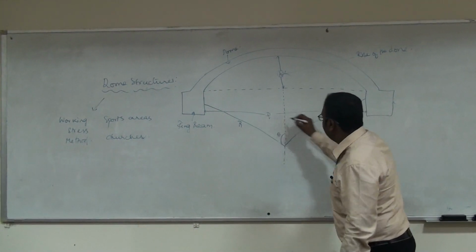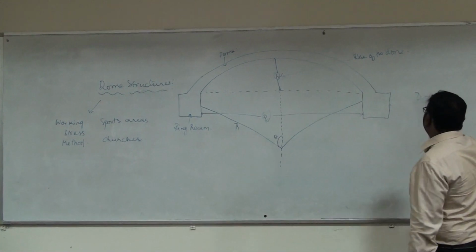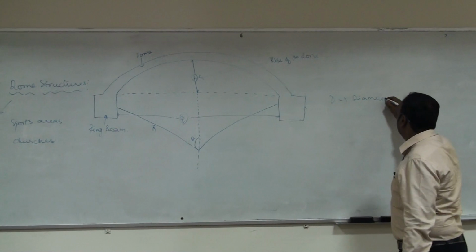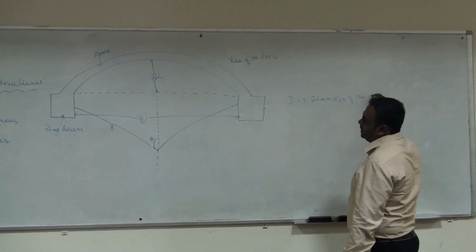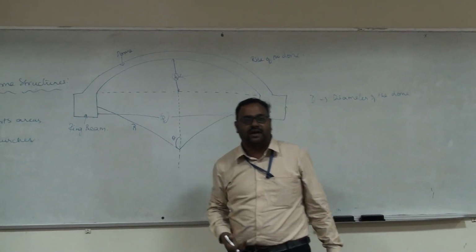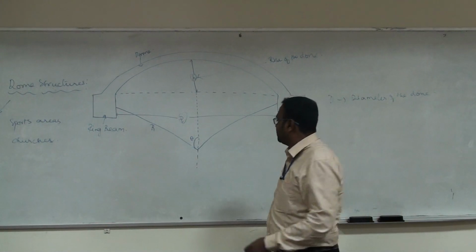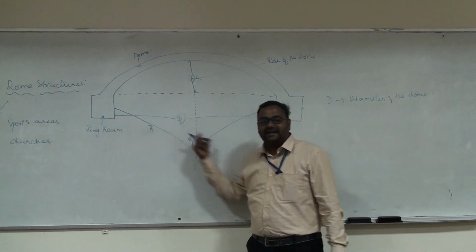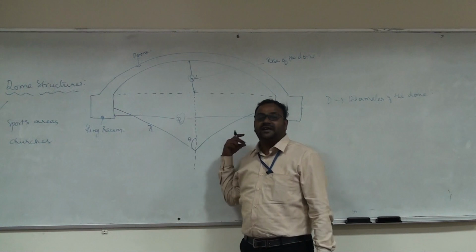And this D is the diameter of the dome structure. If it is a circular tank, this is the diameter of the circular tank. And this is the theta angle subtended by the meridional axis, that is the circumference of this structure.